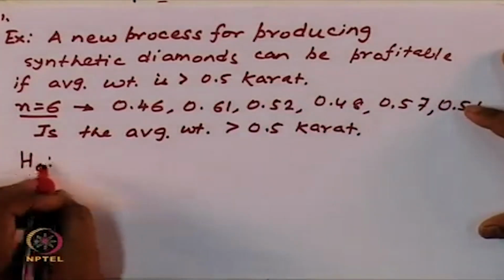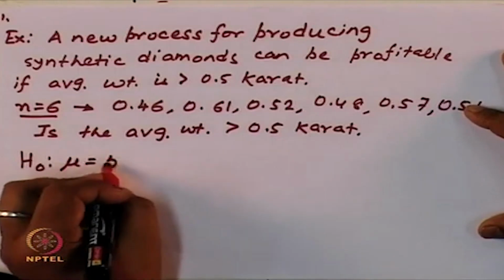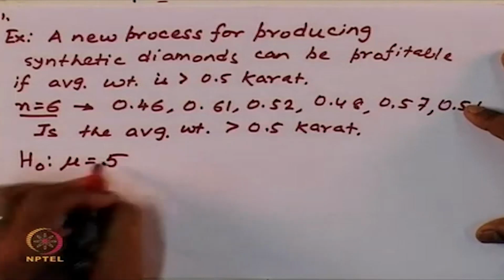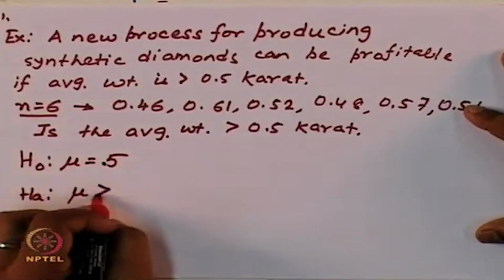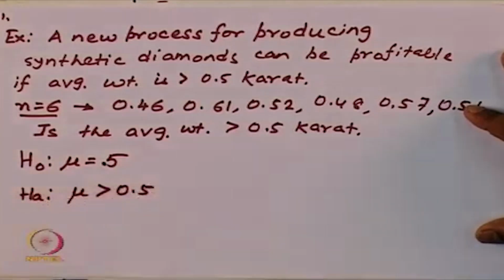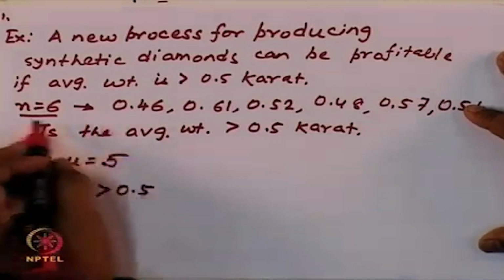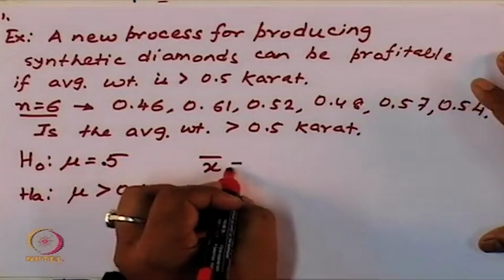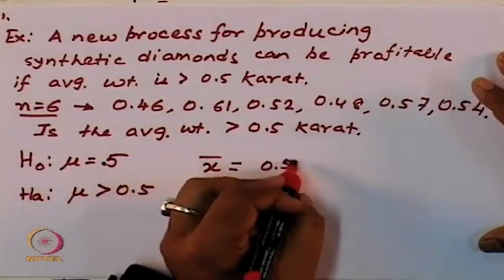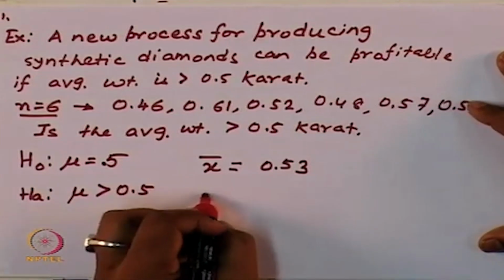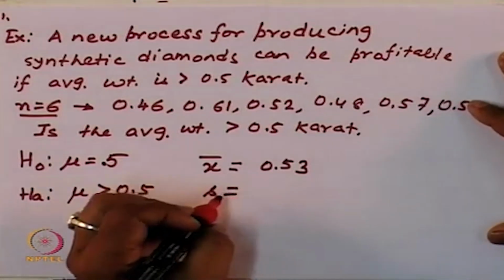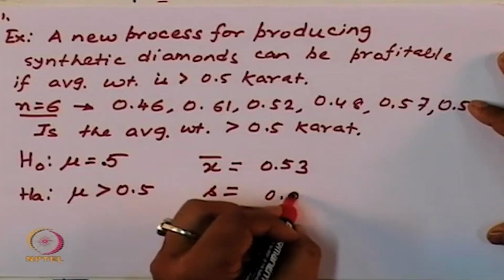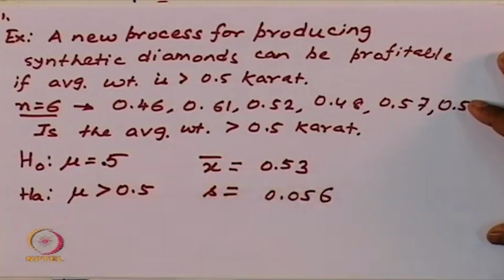How will you solve this problem? You begin with your null hypothesis, which is mu equal to 0.5. Your alternate hypothesis is mu greater than 0.5. For these values I can calculate x bar to be 0.53 and the standard deviation s to be 0.056.